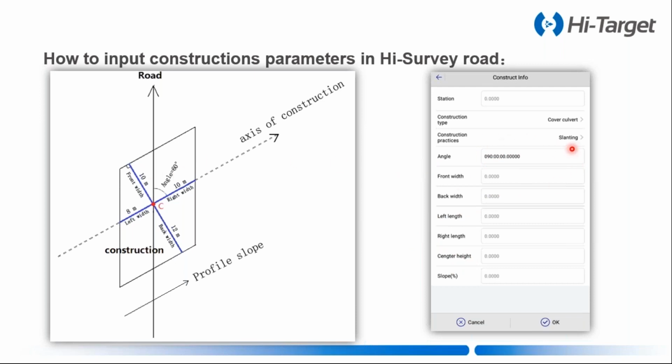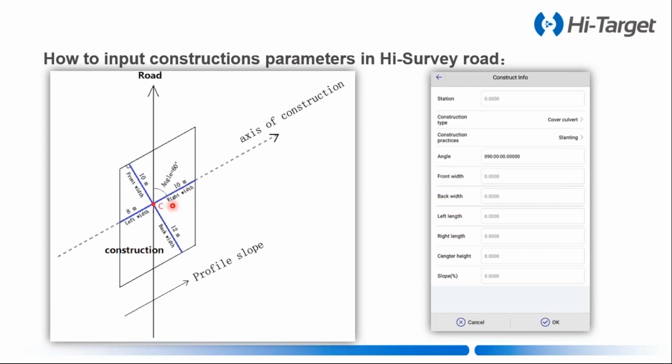For this one, we choose the slanting here. For the parameters, we need to input the angle. The angle means the angle between the X and the road. Here, you can see in this picture. This is the angle we need to input. And then the front width and back width, left width and right width.